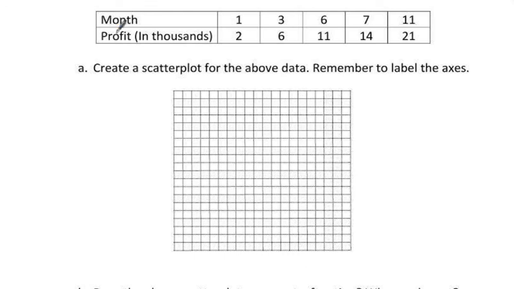Well, the month is going to be the independent variable x, and the profit would be the dependent that would go along the y. These also are graphs that will only be graphed in the first quadrant generally. So we can put our x and y axis along the left side and the bottom.